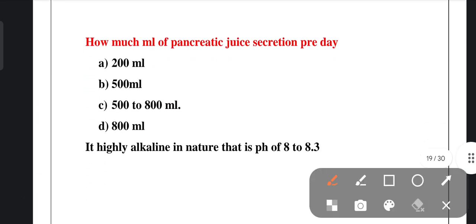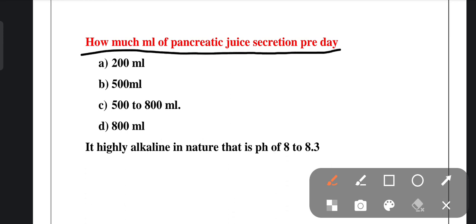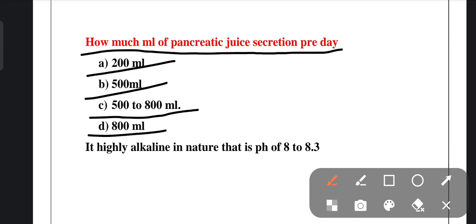So the next question is, how many ml of pancreatic juice is secreted per day? Per day, how much pancreatic juice will be produced? Options are option A 200 ml, option B 500 ml, option C 500 to 800 ml, option D 800 ml.